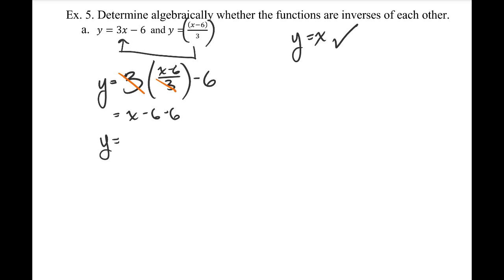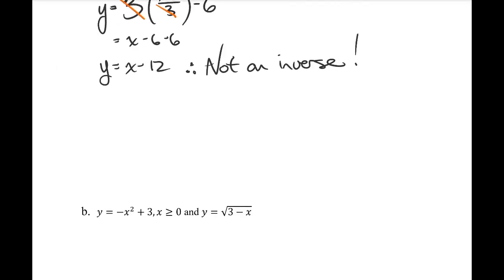So y equals x minus 12. Because of this leftover number, there's no way that it's canceling out with anything, there's nothing to cancel it out with, that means that it is not an inverse function of the function. If it had been plus 6, then absolutely it would have been.